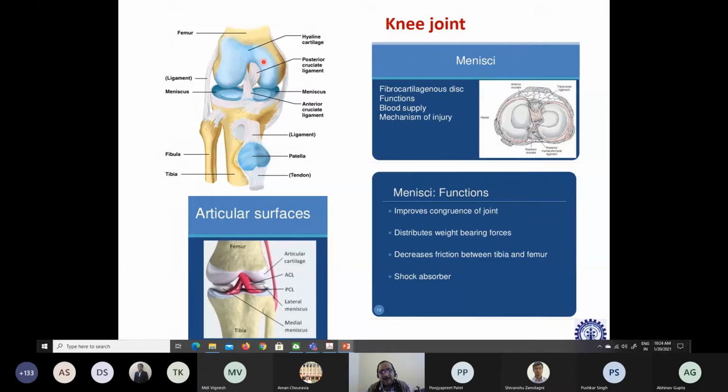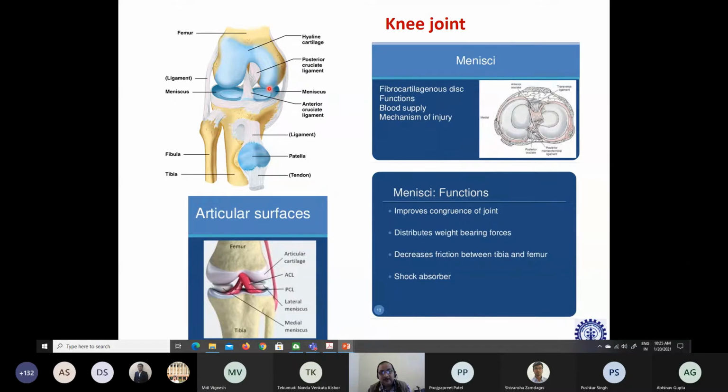As you can also see, there is cartilage covering the ends of the bone. We have cartilage cover at the distal part of the femur. The cartilage is also there in the tibia, which you cannot see here. It is called the articular cartilage or the hyaline cartilage.